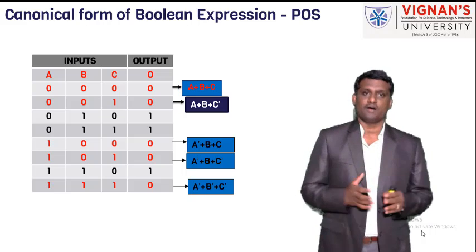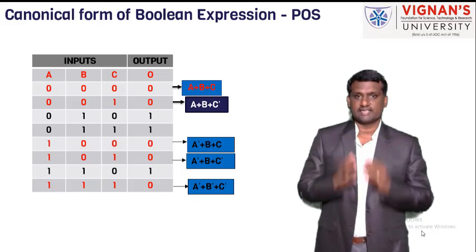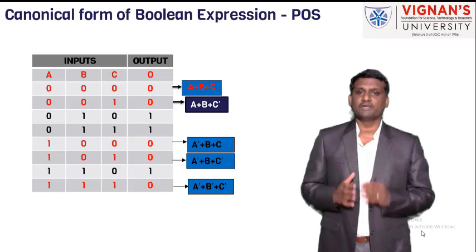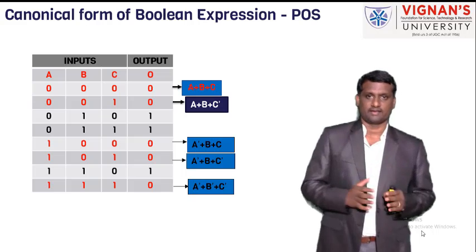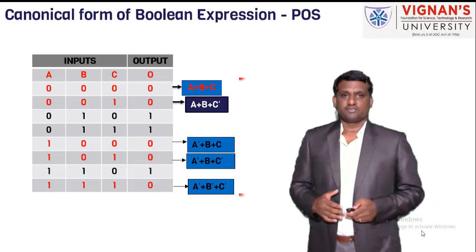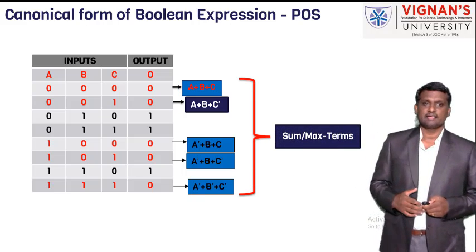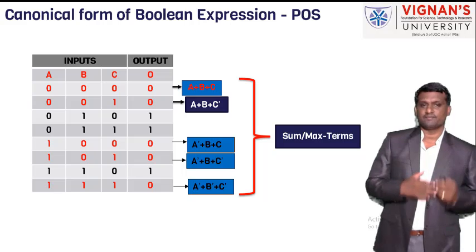If we want to form sum of product terms from the truth table, we should consider where the output is 1. Okay.